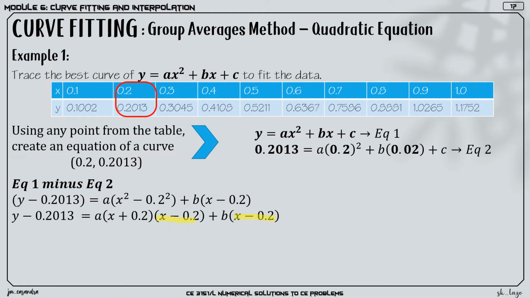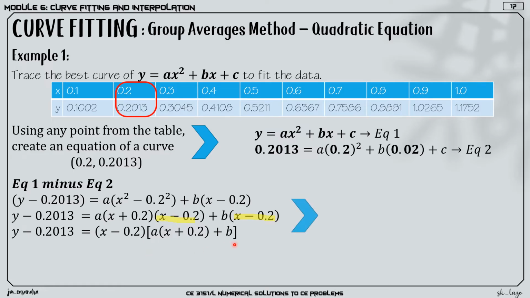Thus, we could bring this term out. So we arrive at y minus 0.2013 equals x minus 0.2 times the quantity a times x plus 0.2 plus b.